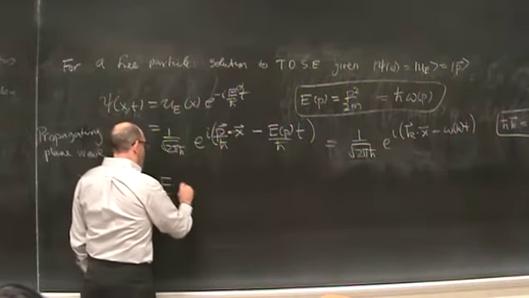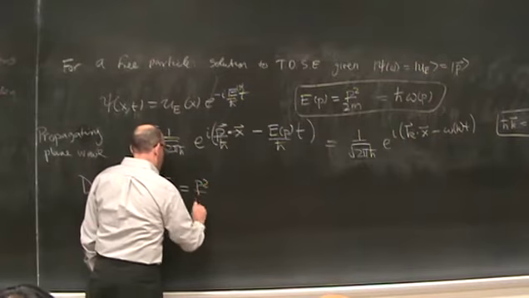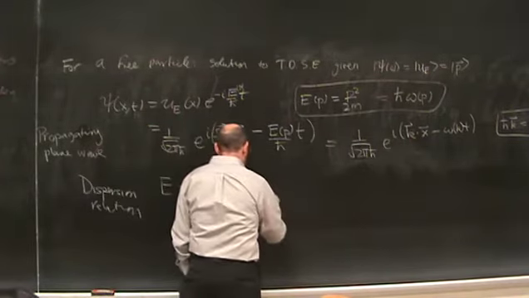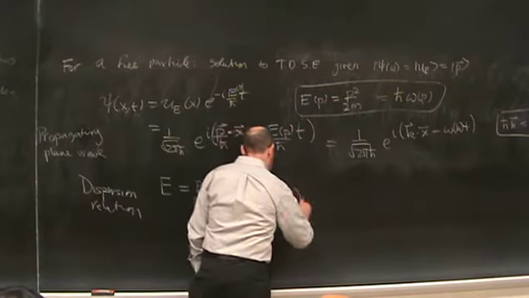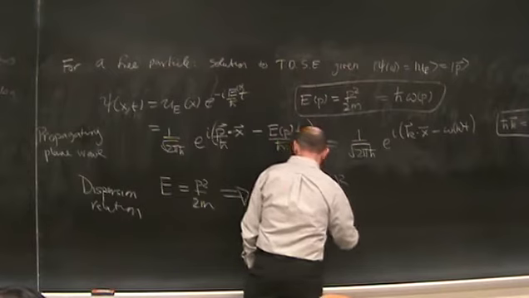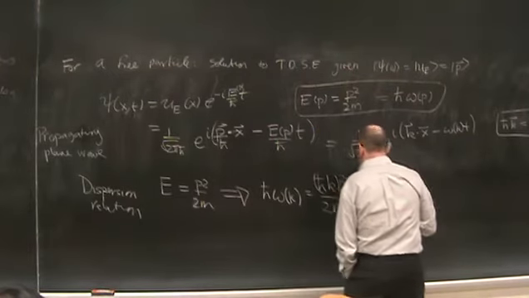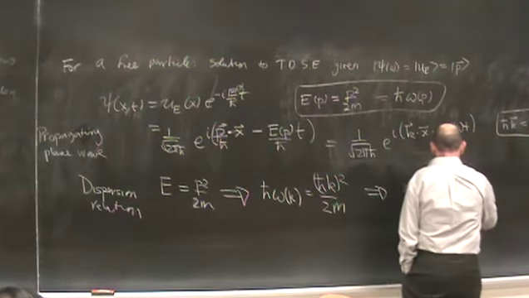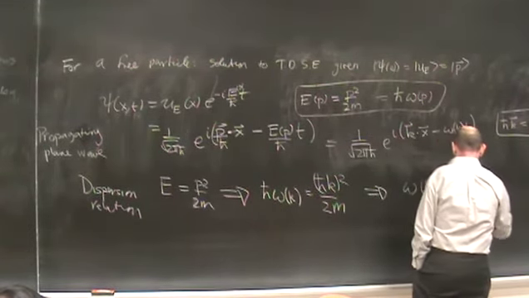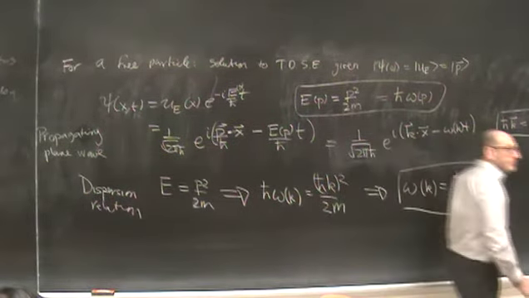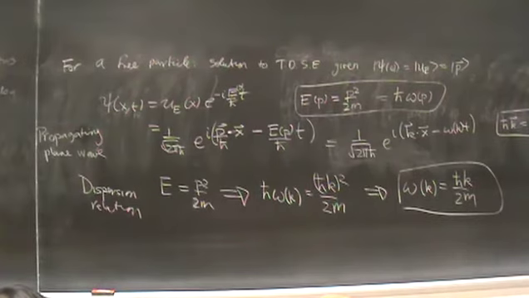So E equals the energy relation, using the wave-particle duality, tells me that omega as a function of k is h bar k squared over 2m. That's the dispersion relation for a free particle.